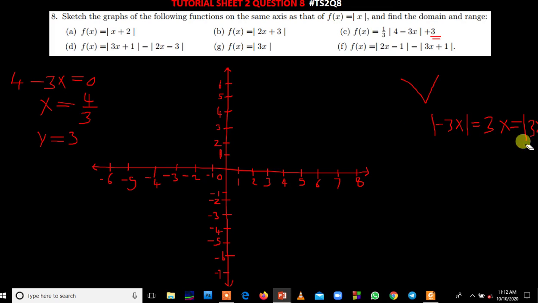Alright, so we have found the point where our graph is going to be turning. It's going to turn at 4 over 3.